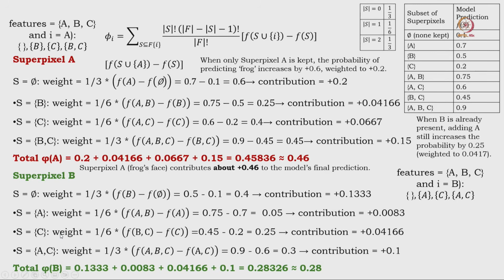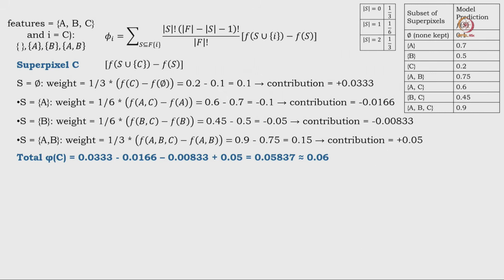Now, you will be calculating the importance: when B is being added, how much difference do we see in the prediction. So, we are calculating for B, the same steps are repeated as for superpixel A, and then we get the Shapley value for B.